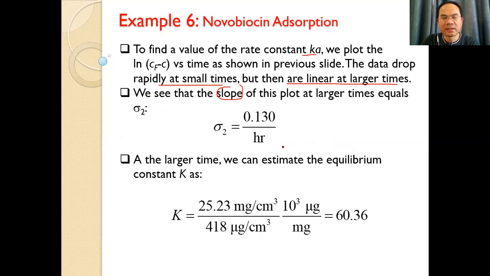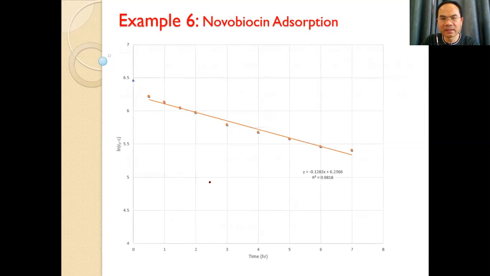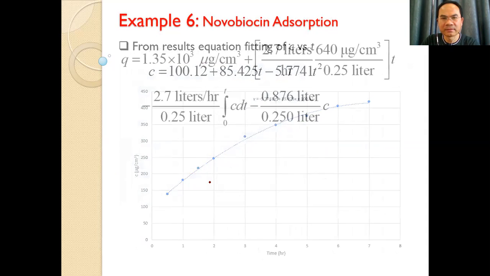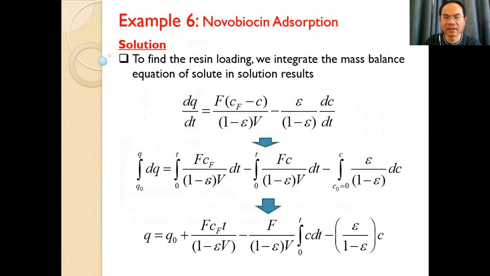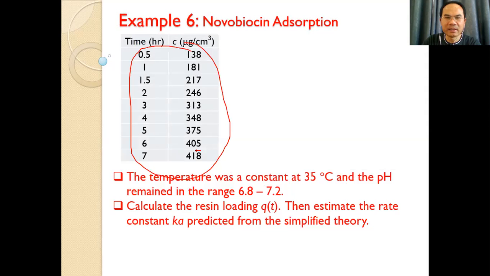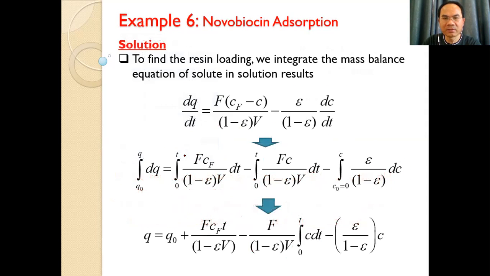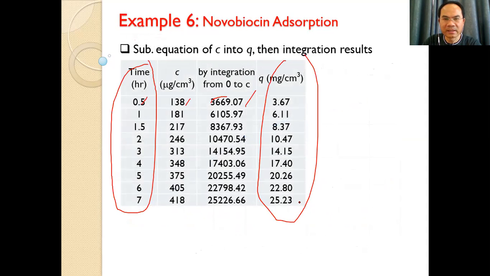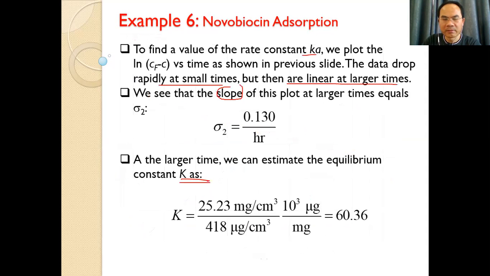For this case, at the last time, we can also estimate the equilibrium constant K. At the larger time, K is equal to Q divided by C. From the data, you can estimate K. This is C, 401, 418, and also Q, 25.